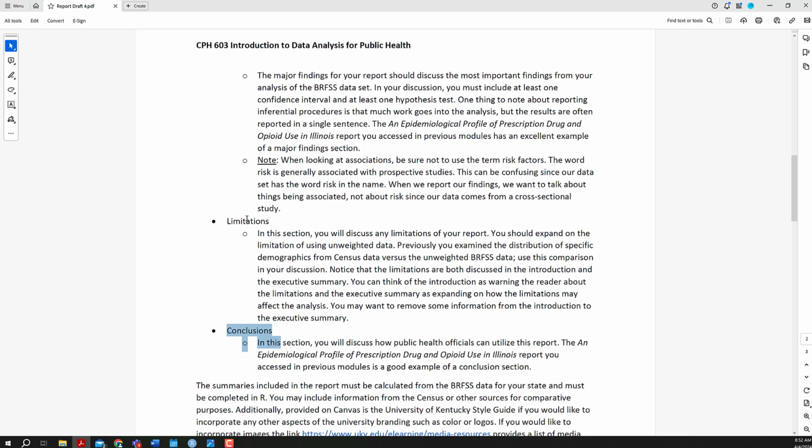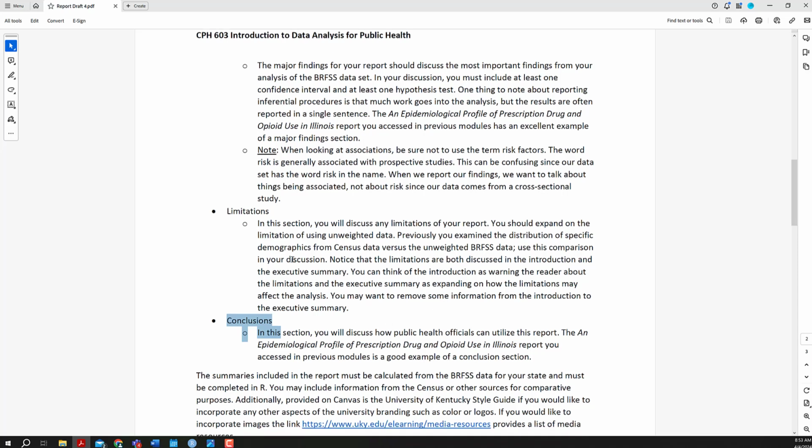It tends to be that older people are more likely to answer them, so we end up oversampling them. So you get a higher percentage of people over the age of 65 than what's actually in the population. And so when we use unweighted data, this becomes an issue and can introduce bias in your report. And so again, that's the kind of thing that you'll want to talk about here in your limitations.